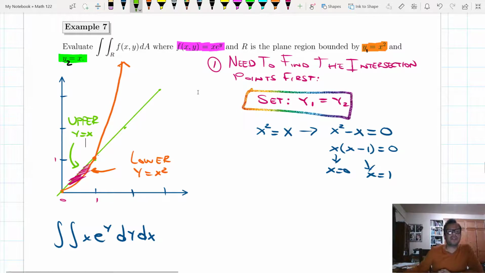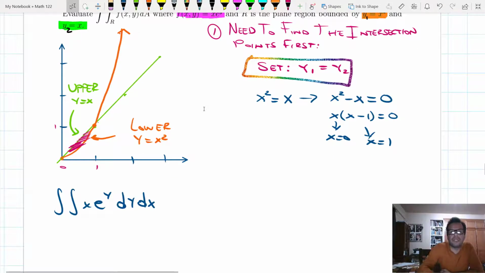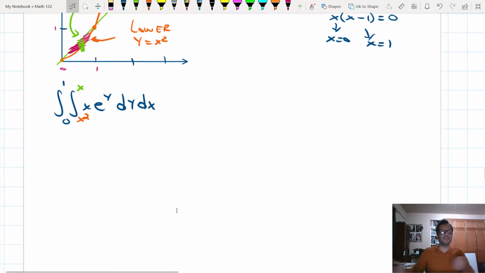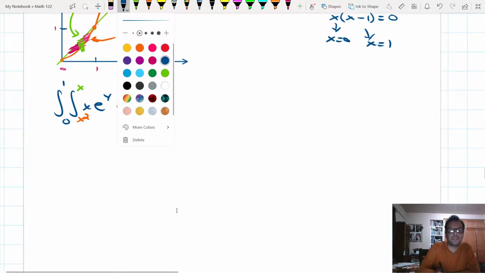So the limits are going to go from, and I'm going to keep the same color just so you can see where it is coming from, x squared to x, right? That's in the y direction, because that's upper minus lower. Now in the x direction, this is going to go from 0 to 1. And we are ready. We have all the elements now to compute this double integral.